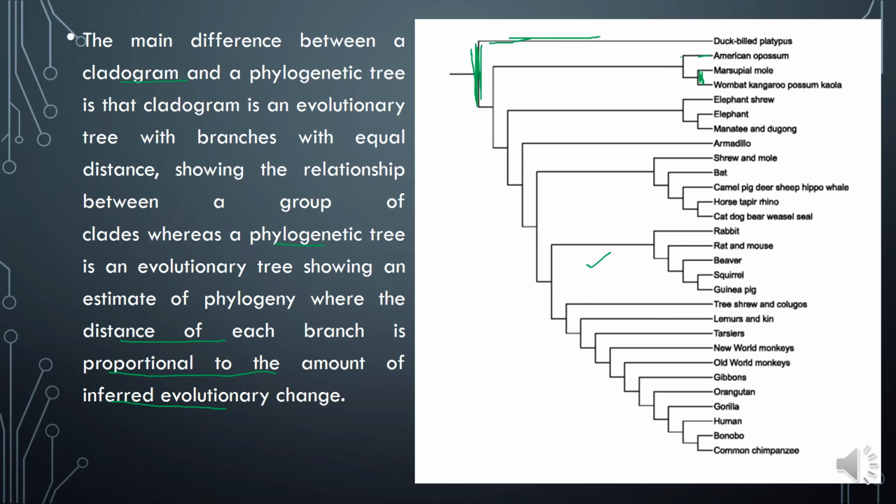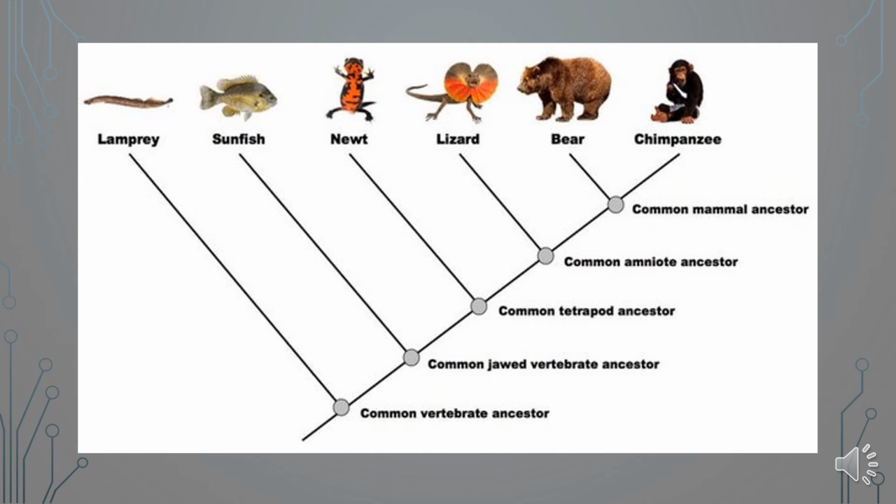But in the case of a cladogram, it is a bit different. Here in this cladogram, which is a slanted cladogram, we see that the genetic distance is the same, which means the cladogram puts importance on relatedness, but how much is the relatedness, how much is the genetic similarity, we are unable to find through the cladogram.